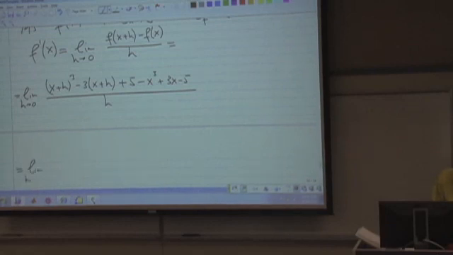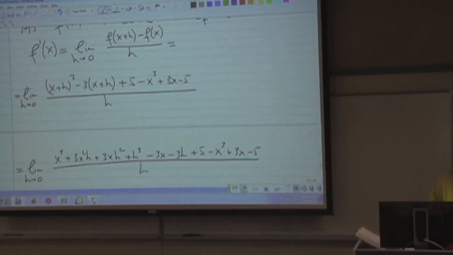So it's the limit as h goes to 0 of x cubed plus 3x squared h plus 3x h squared plus h cubed minus 3x minus 3h plus 5 minus x cubed plus 3x minus 5 all divided by h. X cubes cross out, minus 3x cross out, 5 and minus 5 will cross out.